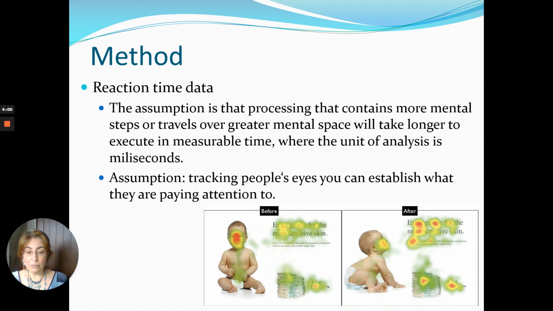So look at these two versions of the same ad, which is one for diapers. In the first one, it was discovered that there's a cute baby looking at you from the ad, and if you see the little colors, the redder the codification, the more time people spent looking at that point.